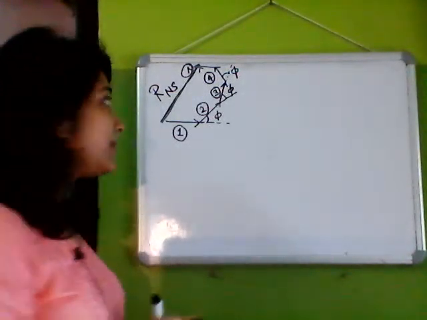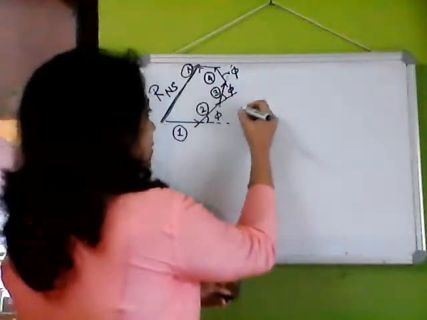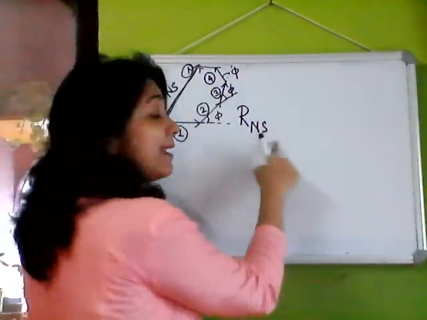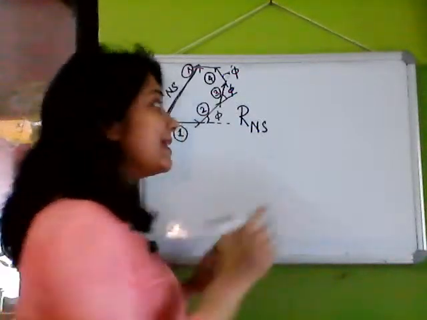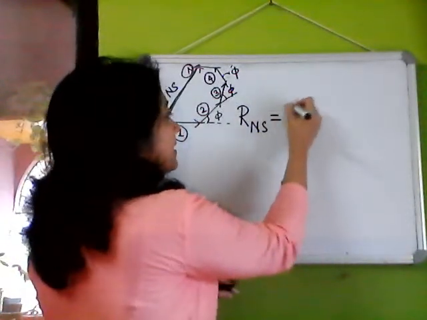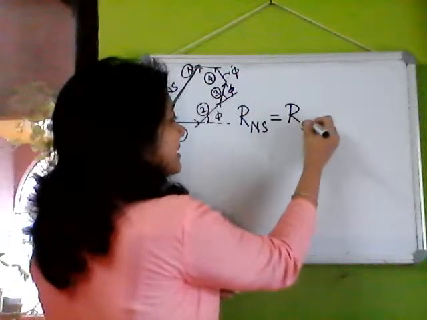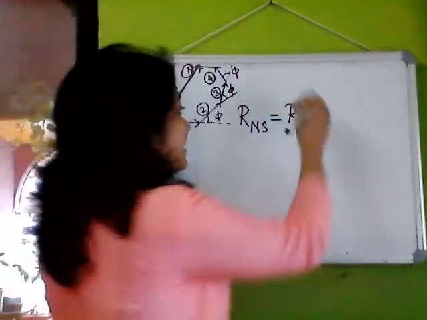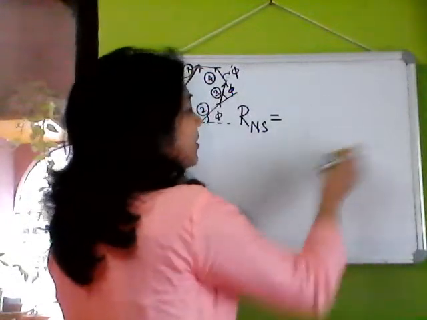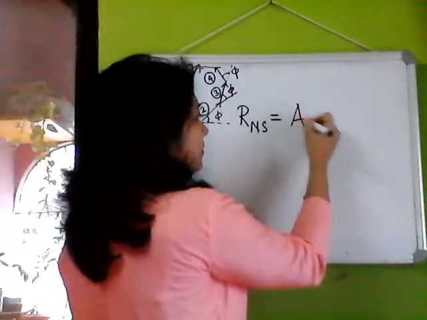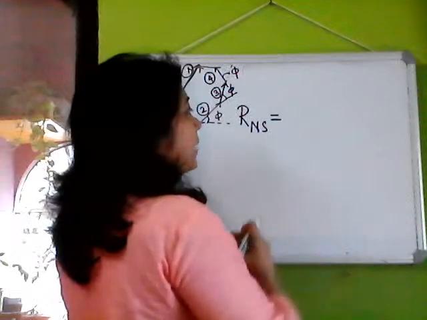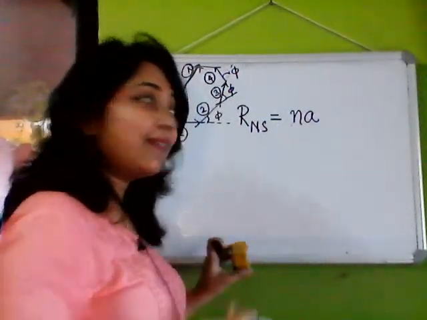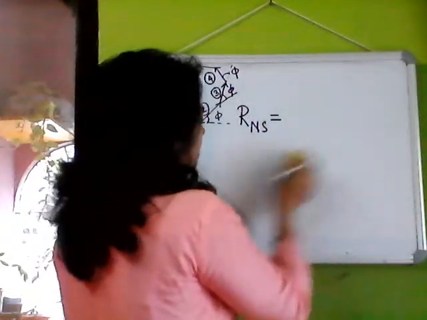And what is that result? The resultant amplitude due to n number of slits is given by the resultant amplitude due to a single slit, which we were calling A0, or n into A, remember.